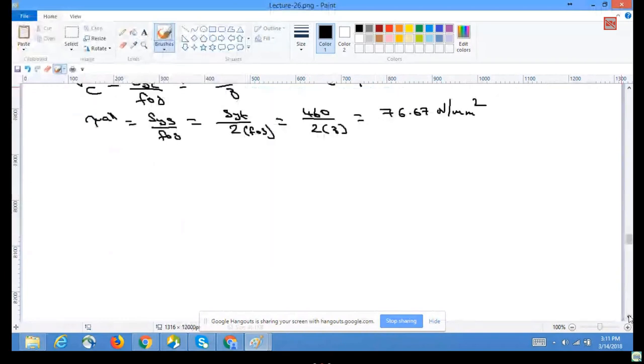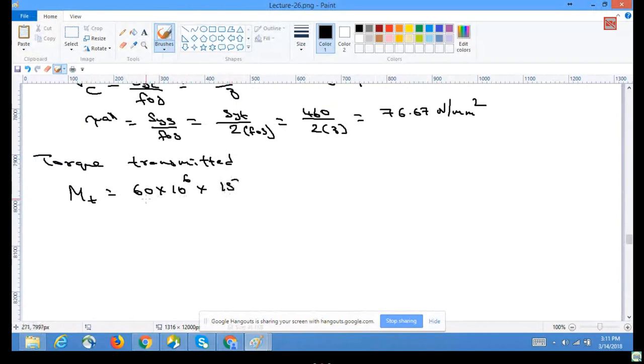Now the torque transmitted is given as MT equals 60 into 10 power 6 into 15 divided by 2 pi into RPM, which is 720. That gives us 198,943.7 Newton mm.